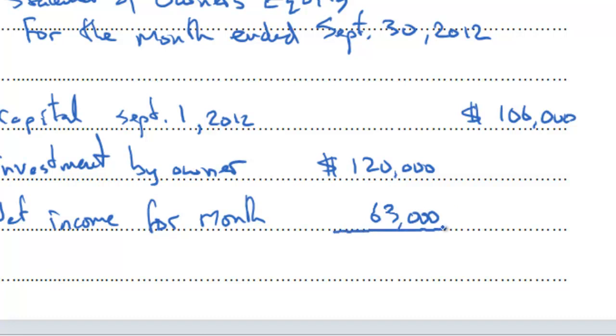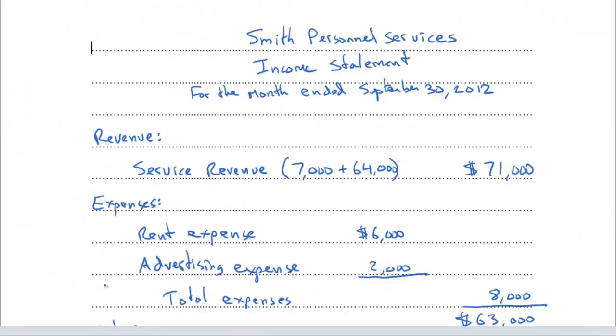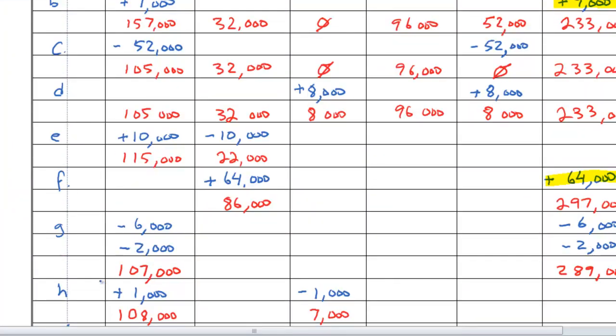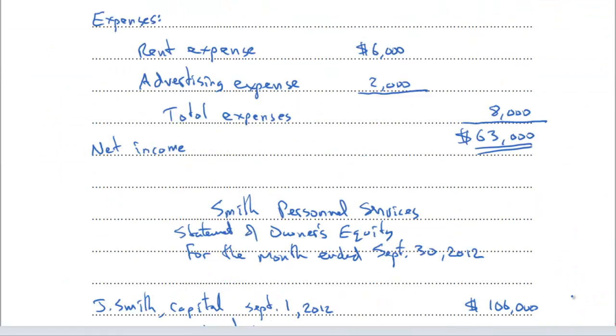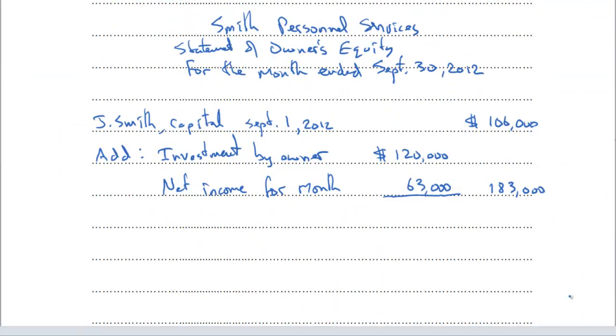And so those can total up to $183,000. But that's not the only transaction that affected owner's equity. Later on, transaction I, John Smith withdrew $32,000, which will have decreased the owner's equity. And so we have to record that as well.